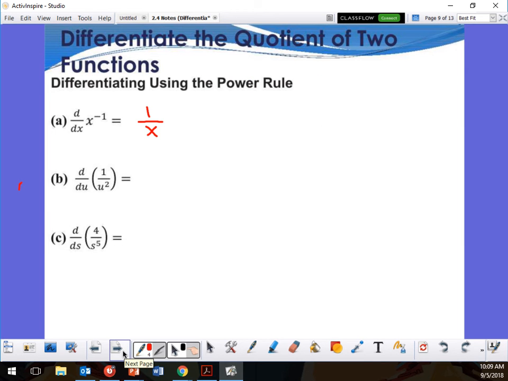Okay, g prime, what would g prime be? Over g squared. x squared. The same thing works for my chain rule, right? And yes, there should be a negative there.